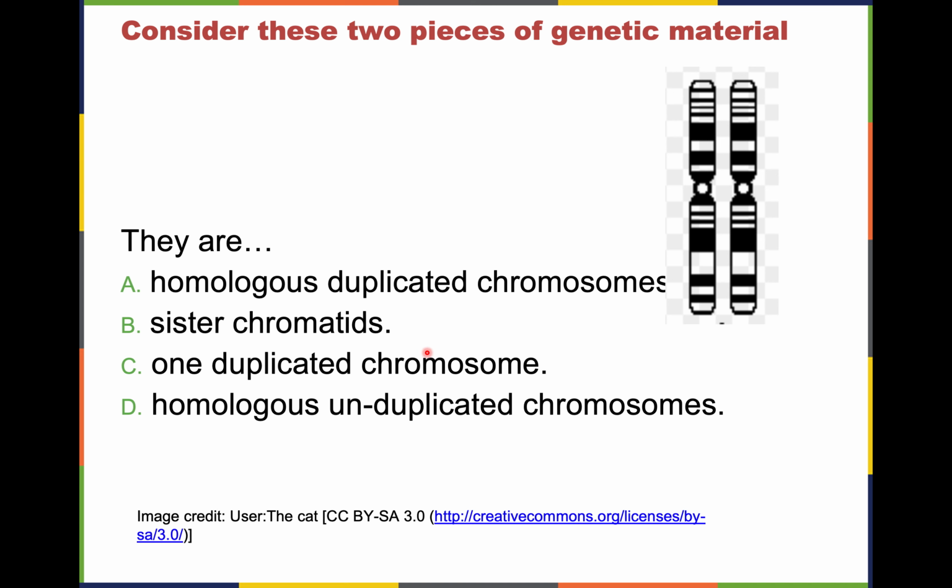So C is not correct either. D, homologous unduplicated chromosomes. Yes, because under the microscope, these two homologous chromosomes look identical, but they don't have sister chromatids, so they are unduplicated. So the correct answer is D.